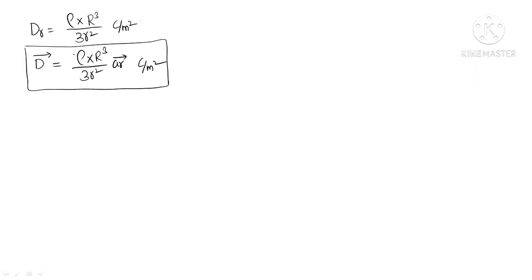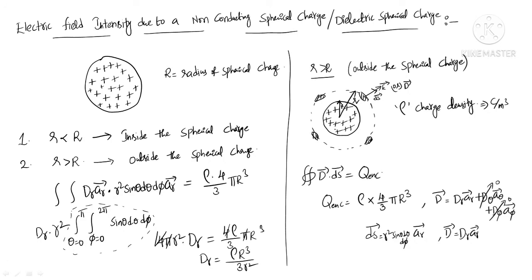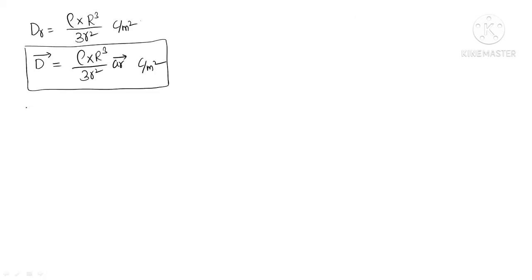But once you substitute the charge density rho, for example, if we assume Q as the total charge instead of defining the spherical charge distribution with the charge density, let Q be the charge distributed in the entire volume of the spherical charge. How can I relate rho and Q?